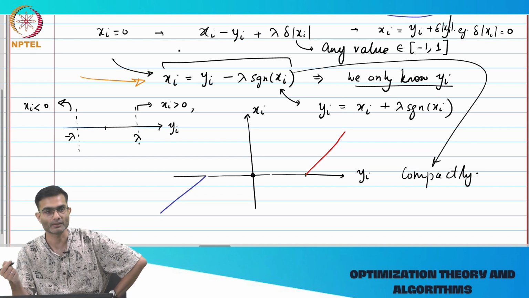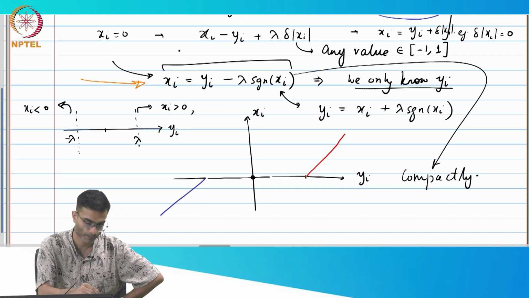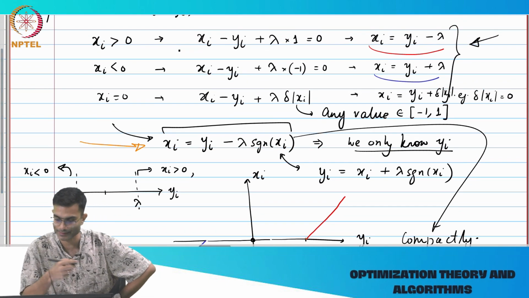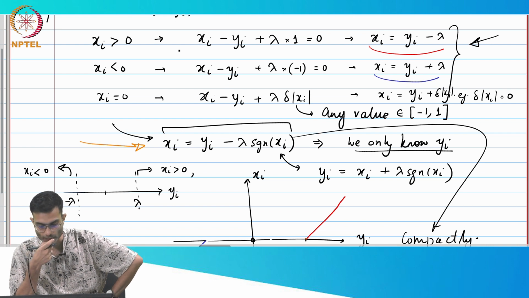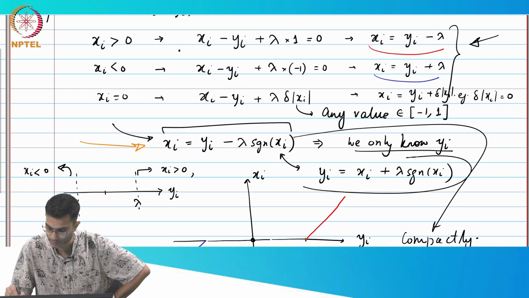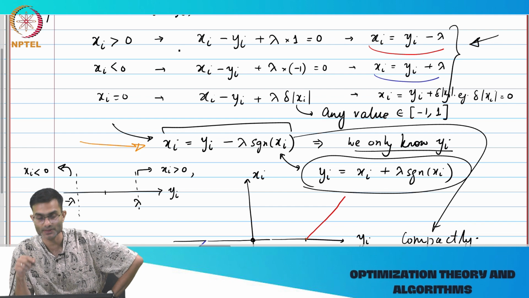No, xi is yi according to that relation, right? Yi is less than lambda. So let's look at this expression. If yi is less than lambda as per this relation, what do I get?